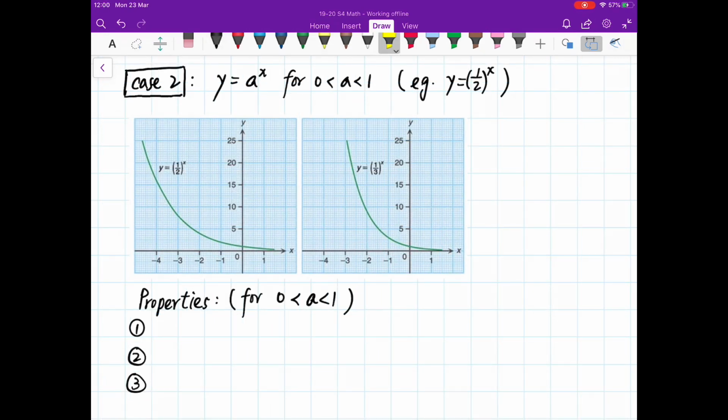So let's take a look at case 2 of exponential function. This time the value of a is between 0 and 1. In other words, it can be a decimal or it can be a fraction.